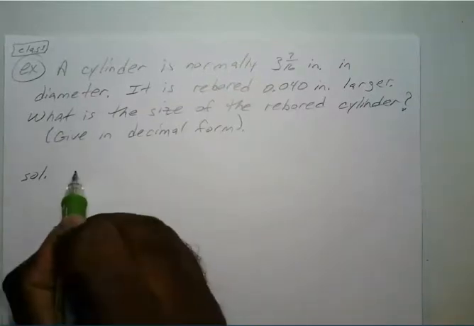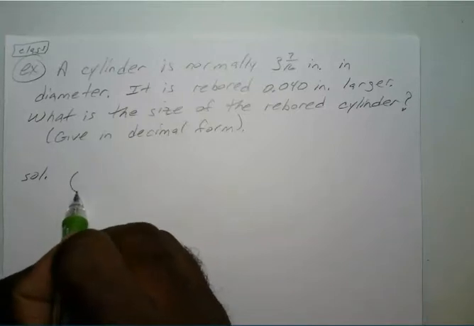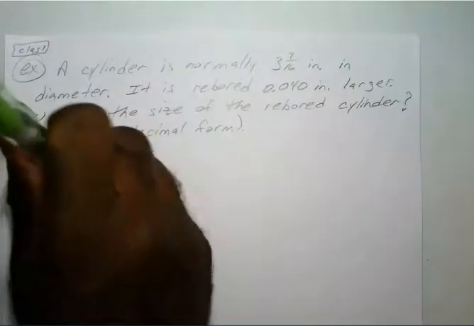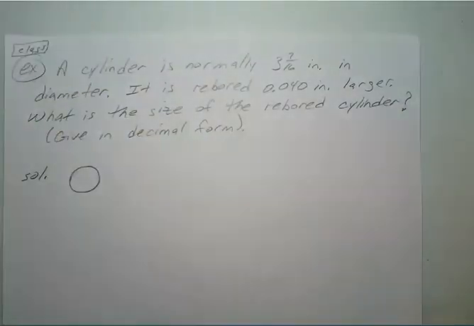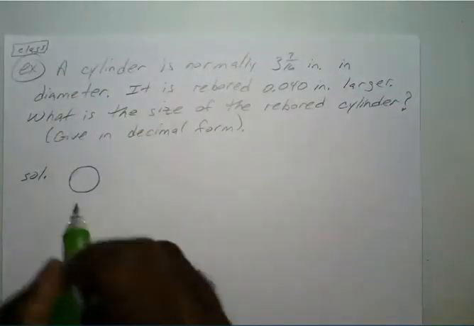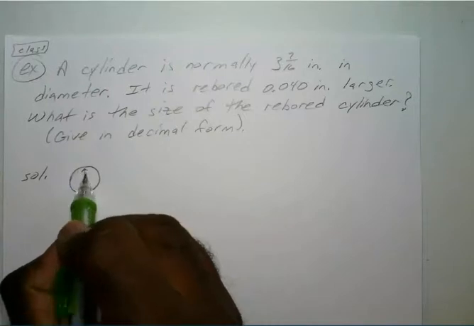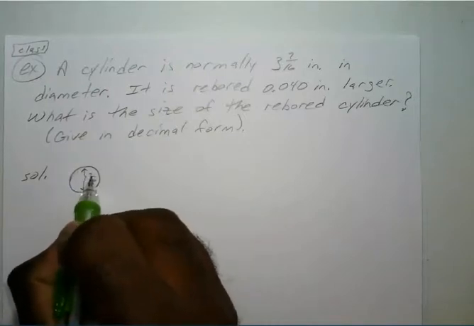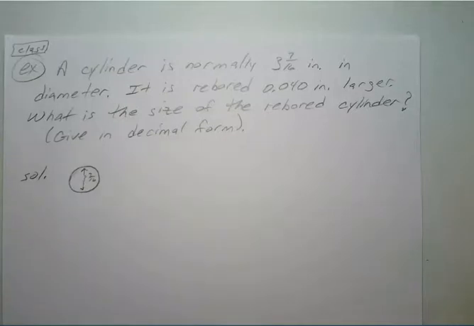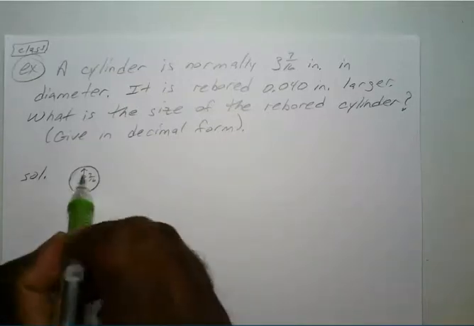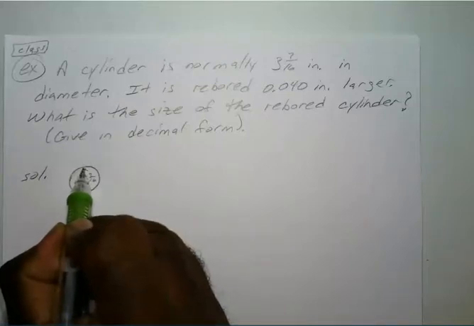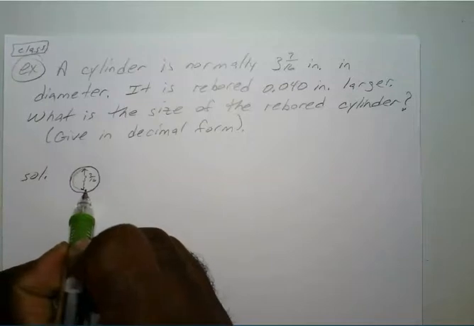Okay, so if we have a cylinder, and let's say this is our cylinder, and the diameter, which means from end to end, is 3 7/16 of an inch. So what they did was they rebored it and widened it just a little bit.